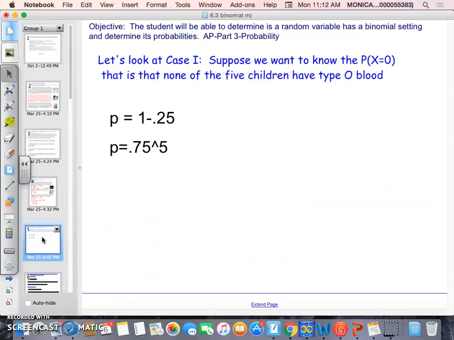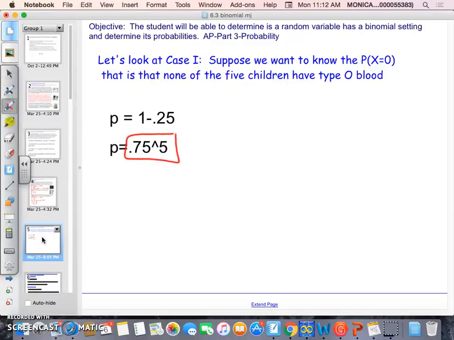All right, so let's look at case 1, because that was the only one that was binary. Suppose you want to know the probability that none of the 5 children have type O blood. So basically, the probability of not having type O blood is the probability of complete failure. And so you simply just take 0.75 and raise it to the 5th power.